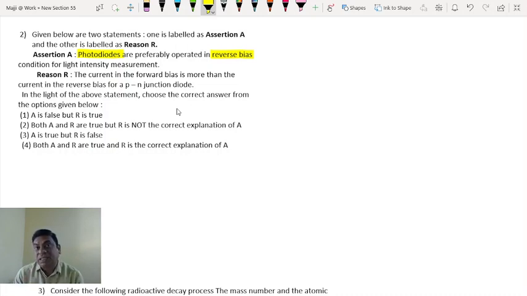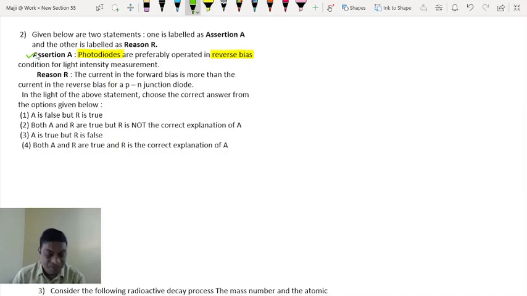Remember, it is the fractional change in current which is important and that is detected, not the total change in current. Since the current in the reverse bias is very less, of the order of microampere, the fractional change will be more if it is operated in the reverse bias. So that is the main reason that it is operated in the reverse bias.